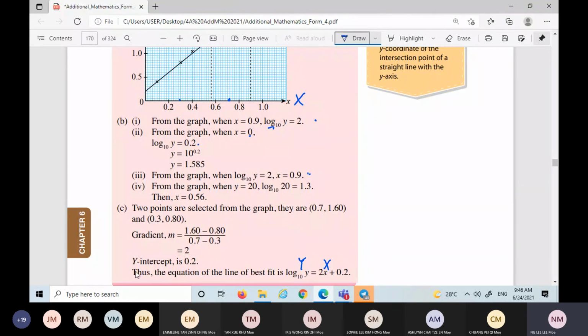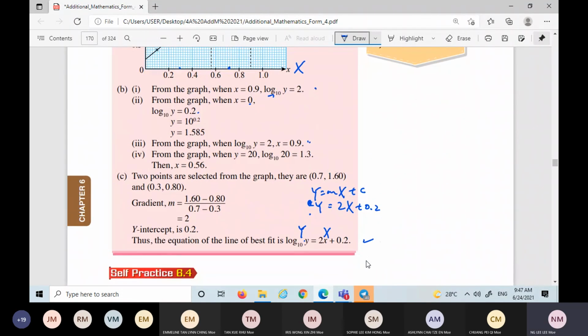It should be capital letter Y. Then you write Y equals mx plus c, with capital letters. So Y equals 2X plus 0.2. Only then you change the capital letter Y to log y, and the capital letter X to small x. Then this is the final answer.